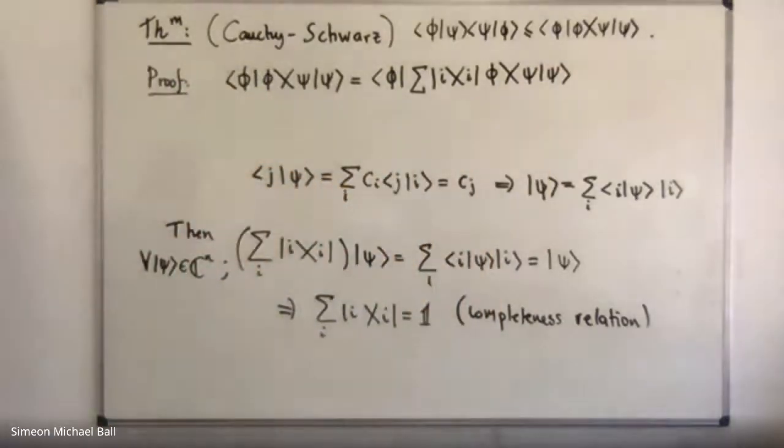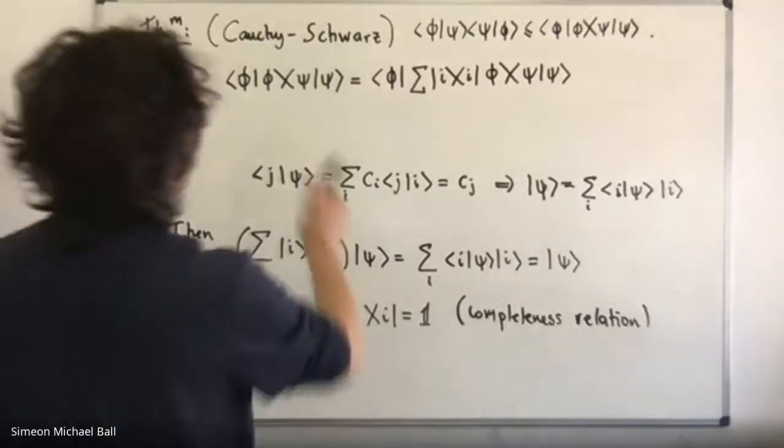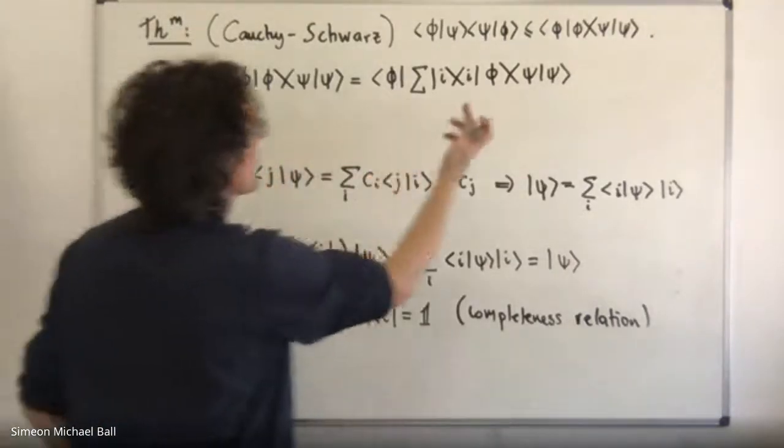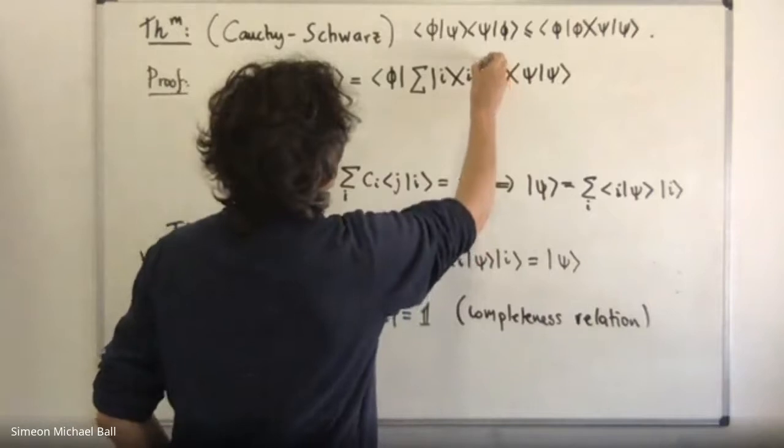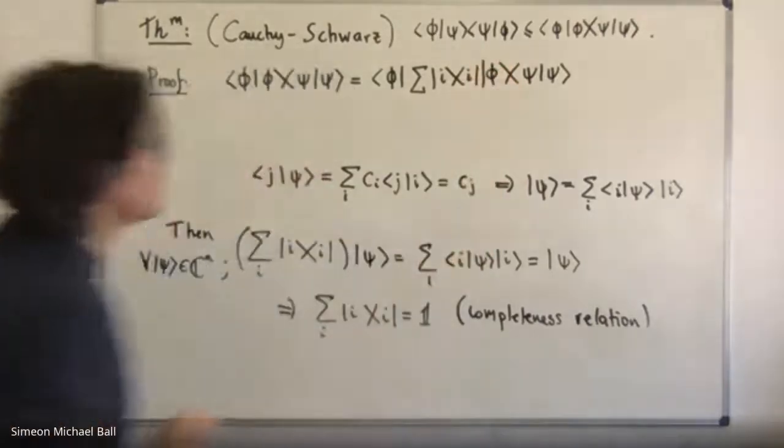Since that sum there is just the identity matrix, all I've done is stick an identity matrix in between here and here, which doesn't change anything. Maybe you want to write another bar here, but it doesn't need to.